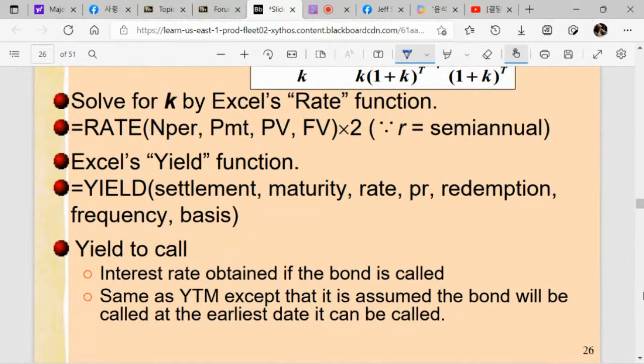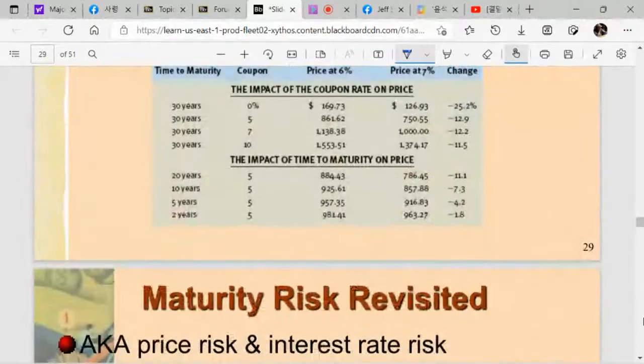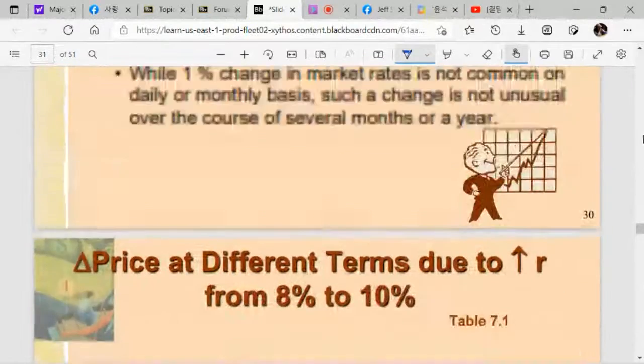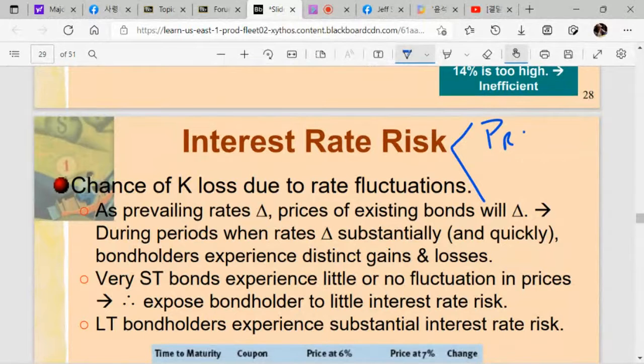the question of interest rate risk and reinvestment rate risk. Interest rate risk goes by three names: interest rate risk, also price risk, and maturity risk.